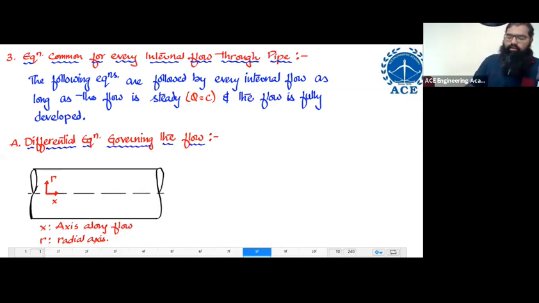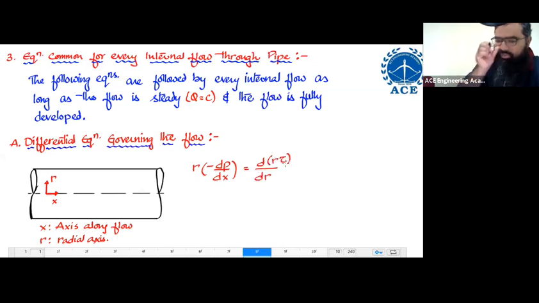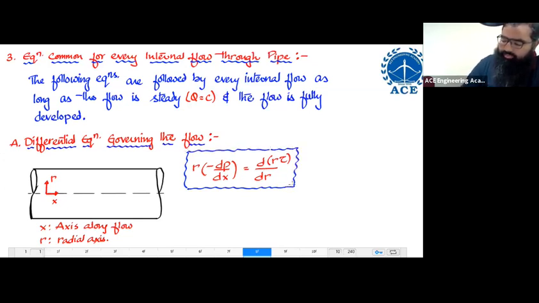Now, what is the governing equation? The governing equation is r into minus dP upon dx is equal to d by dr of r times tau.